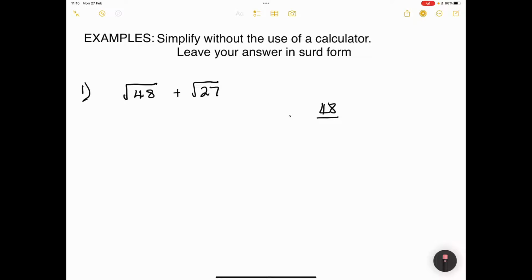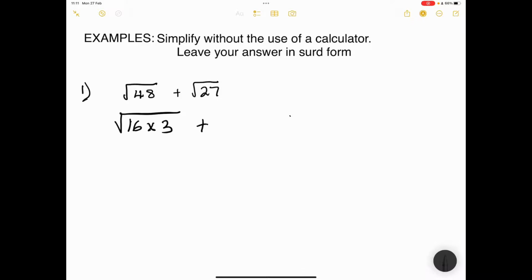If I said 48 divided by 3, definitely that would give me 16, right? 3 is a prime number, and 16 is a perfect square. So let's convert that into 16 multiplied by 3.